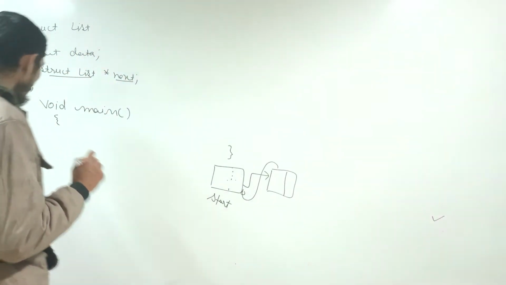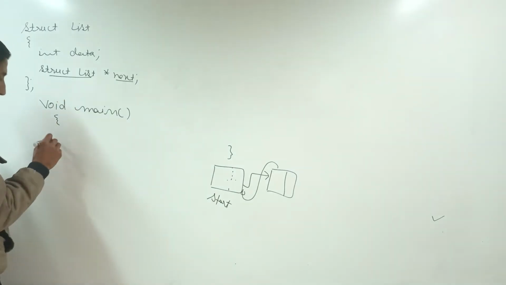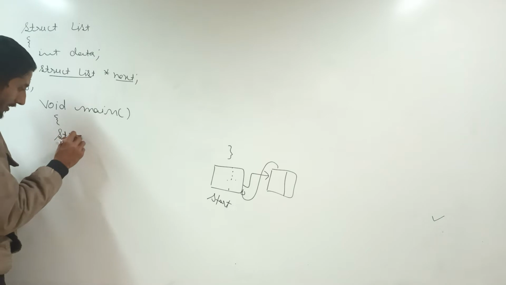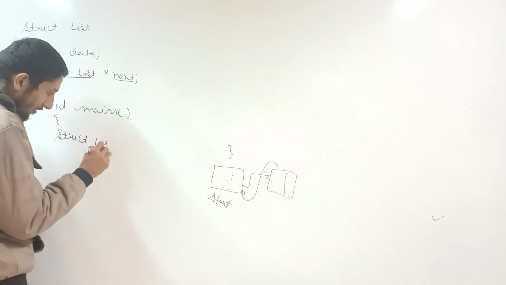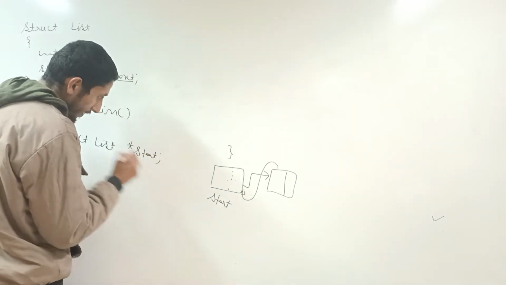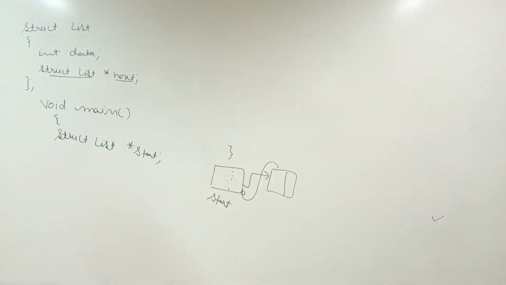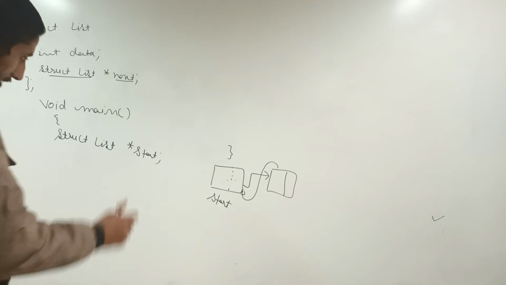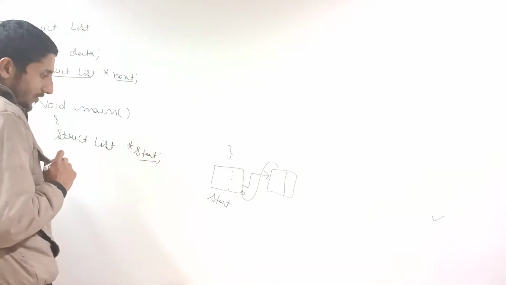The only thing is the address. So let me take start. The type is struct list pointer start. Why are we taking start? The purpose of taking start is that I will store the address of the first node. Are you following this?